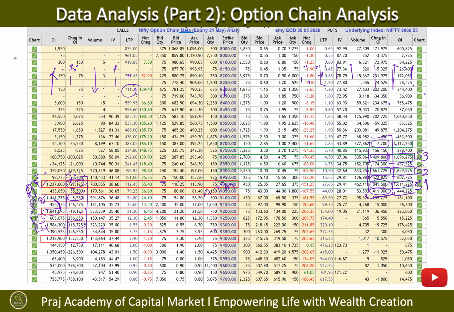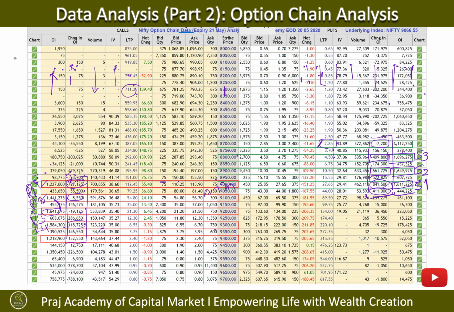While a person who is, let's say, buying a put of 8,700, he has to just pay 2.85 into 75. 75 is the lot size of Nifty, into 2.85. So his investment is hardly 213 rupees, or let's say 214 rupees, he gets to buy this put.